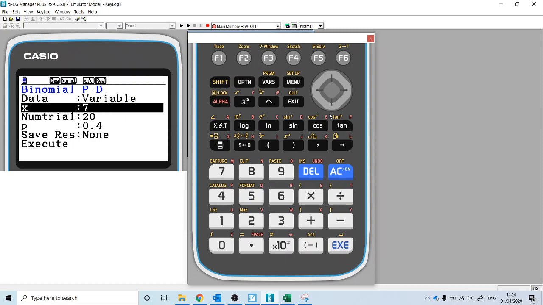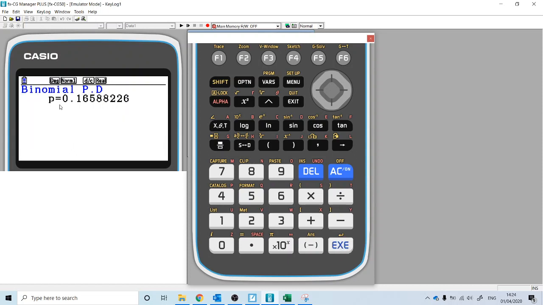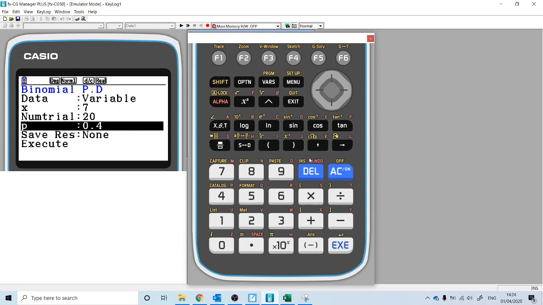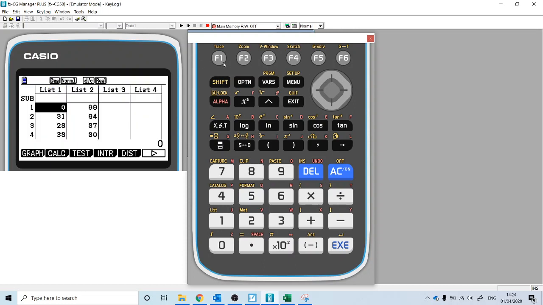So for example, if I wanted the probability of x being 7, there being 7 successes, I'd put x is 7, number of trials is 20, the probability of success is 0.4, and that would tell me that the probability of having 7 successes is 0.166. Well, we don't want that, we want a range of x values.